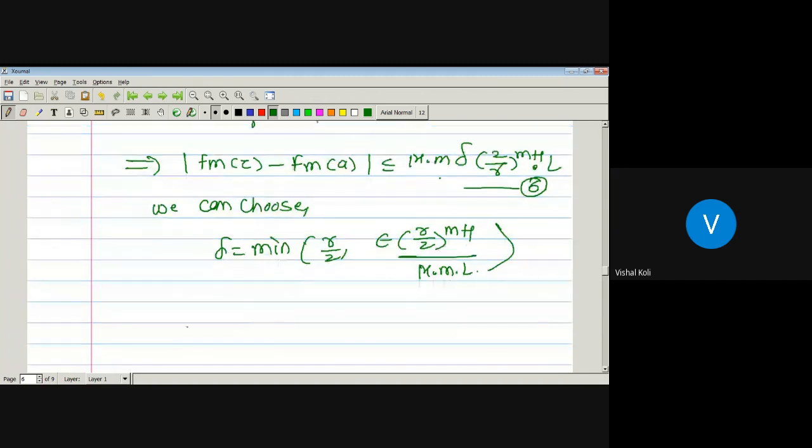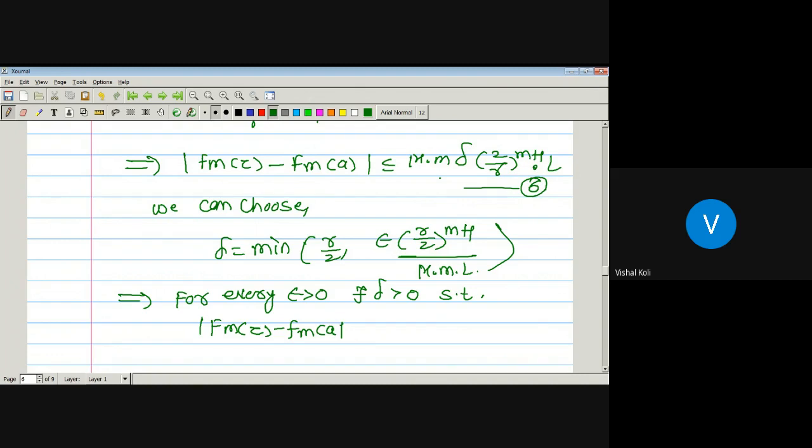Then which implies for every epsilon greater than 0, there exists a delta greater than 0 such that modulus of f_m(z) minus f_m(a) is less than epsilon whenever modulus of z minus a is less than delta.